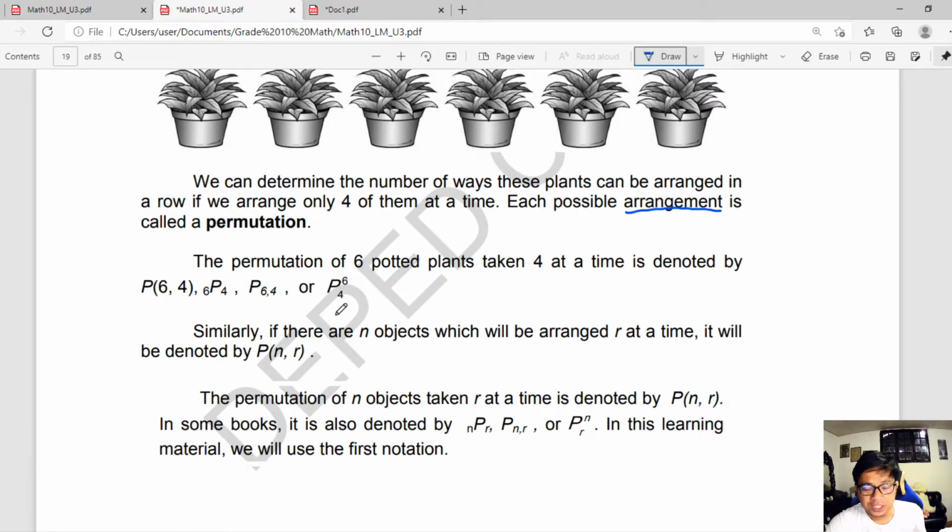The permutation of 6 potted plants taken 4 at a time is denoted by, ito yung mga notation pwede niyong gamitin. Pwede siyang permutation of 6 taken 4 at a time.